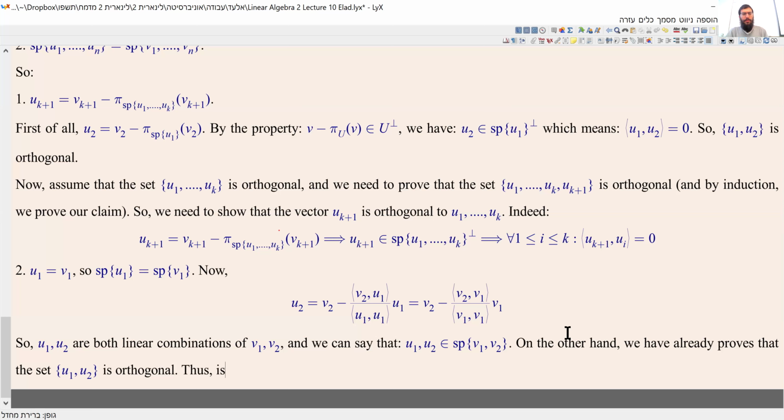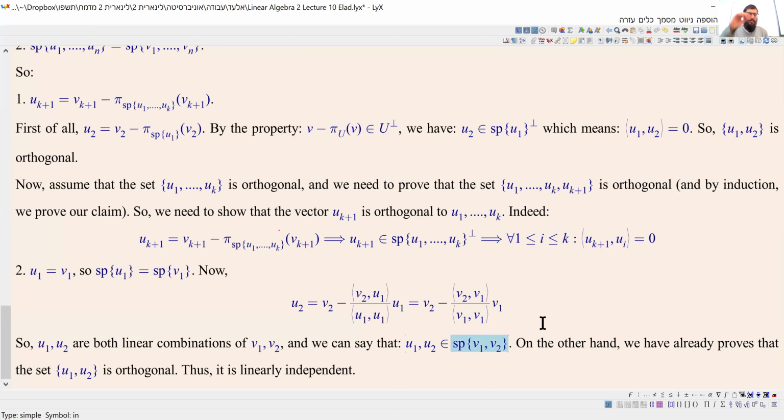Thus, as already mentioned, it is linearly independent. We have a space spanned by two vectors on one hand, and on the other hand, we have a set of two linearly independent vectors.